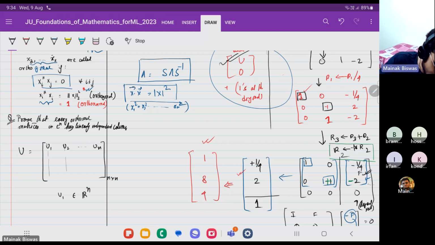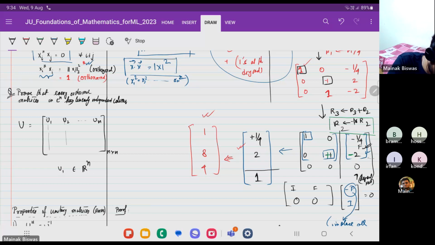So why is it orthogonal? Because ui transpose. Here we have said orthogonal, so there's not a problem. We can put transpose, but I'll be putting Hermitian today. You're comfortable with me putting Hermitian, right? Hermitian you can figure out as the transpose for complex numbers with the conjugate being used. I have already told it last day. So Hermitian would be U transpose and you will take the conjugate.